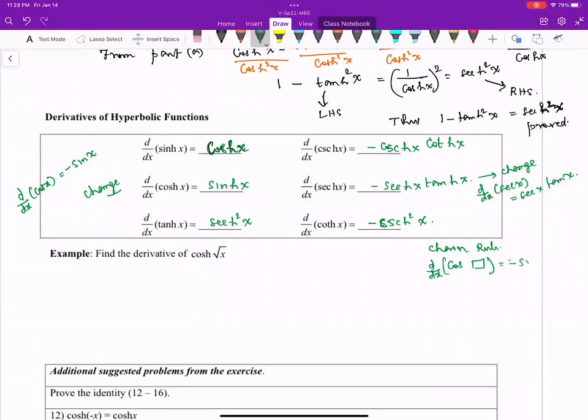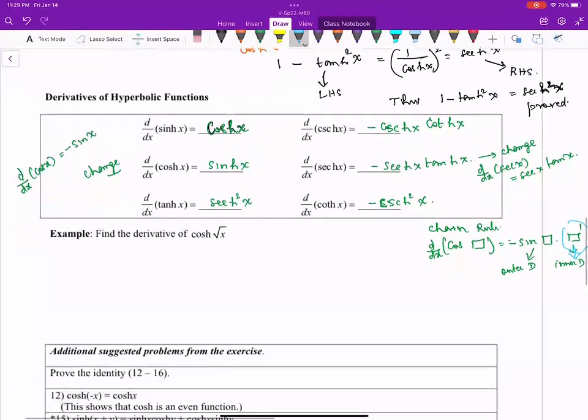It is negative sine box times derivative of the box. So this one is the outer derivative, and this one is the inner derivative. So that is the chain rule that we will be applying here also for hyperbolic though.